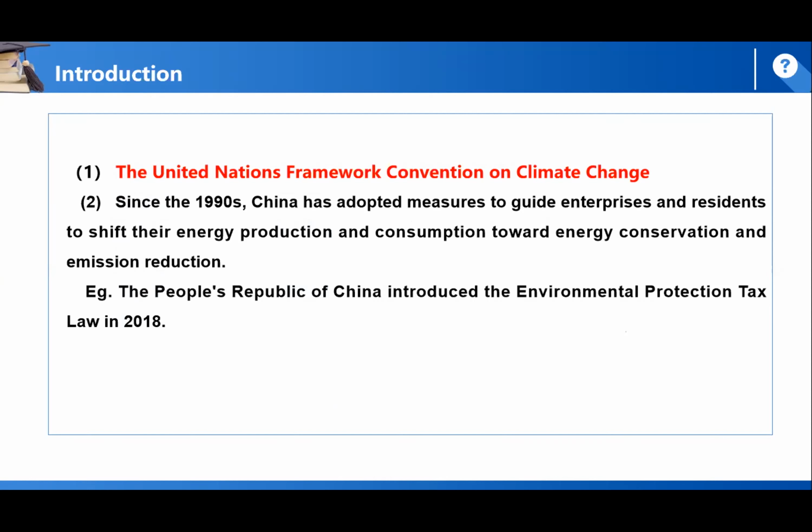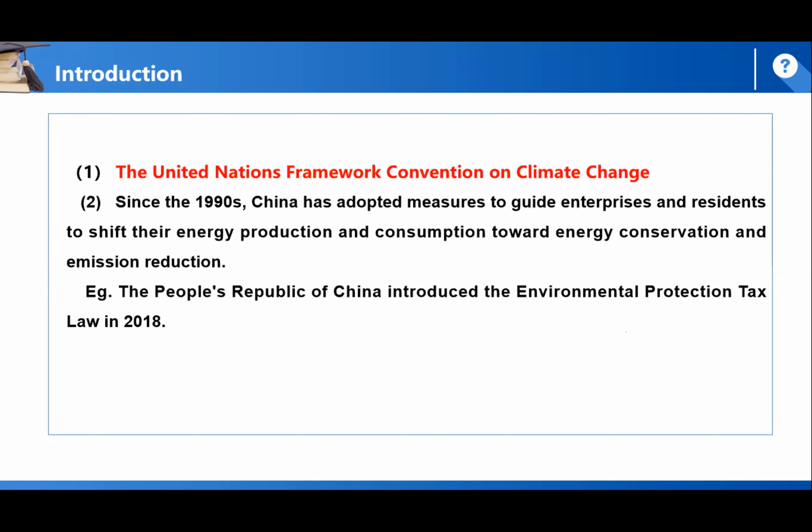Two, to effectively implement the United Nations Framework Convention on Climate Change, China's government submitted its intended nationally determined contribution to describe its enhanced action to combat climate change.